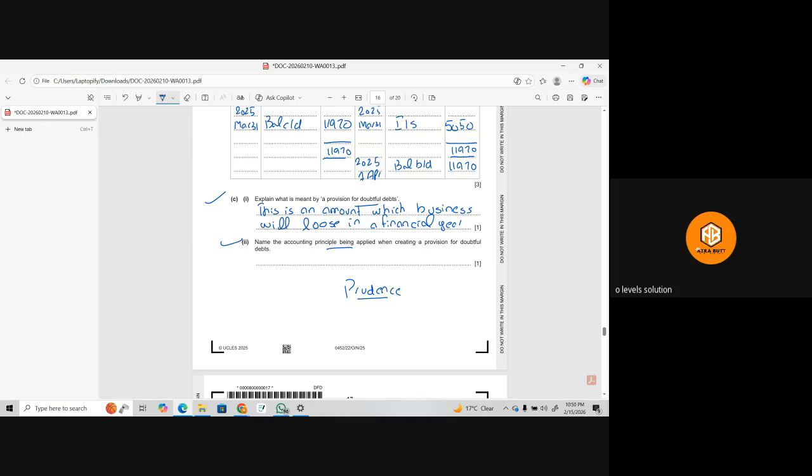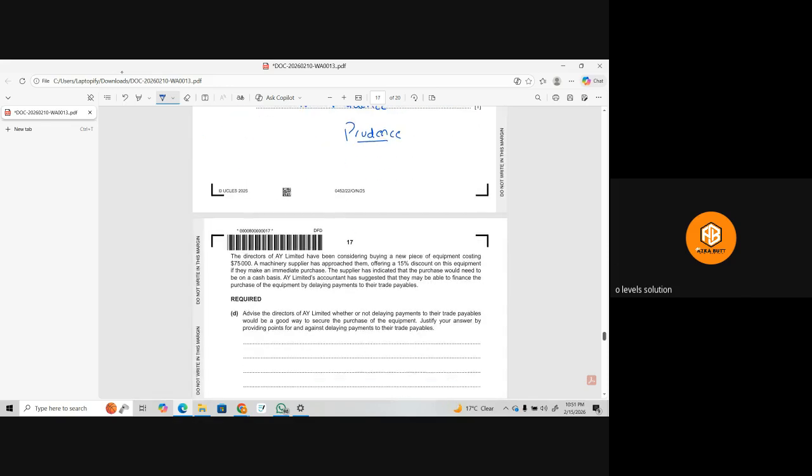It means that even if the expense or loss has not been incurred, but if you have a doubt, you should reduce it in advance from your income statement. So this is the accounting concept because of which we are charging this provision for doubtful debt.